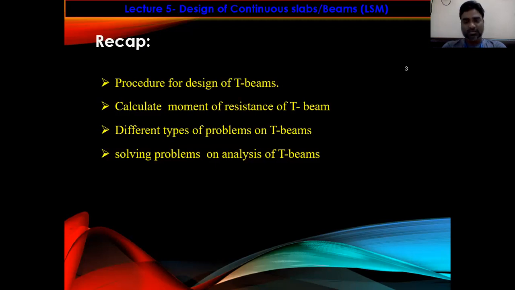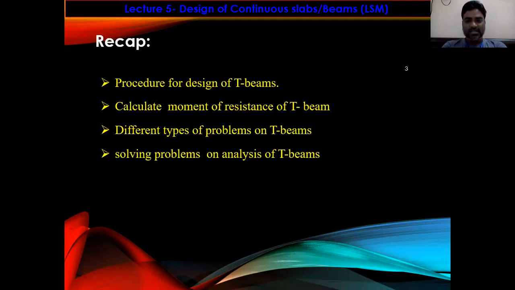If df by d is less than or equal to 0.2, the stress is constant throughout the thickness of the flange. If df by d is greater than 0.2, it is not uniform, so you need to determine the modified thickness of flange.